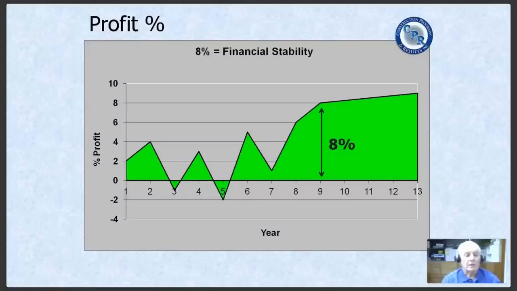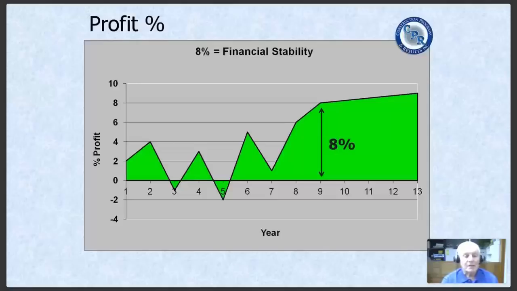And for those of you up in the Northeast, you know that when 9/11 happened, I know contractors up there that didn't have a phone call for 4 and 5 months. Okay, and that's going to hurt your business. So you're going to have this sawtooth effect until you get your profitability at 8%. And when you do that, you're going to notice that this sawtooth thing goes away and everything kind of levels out.